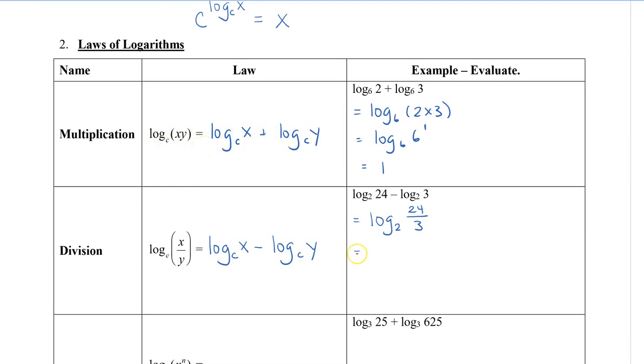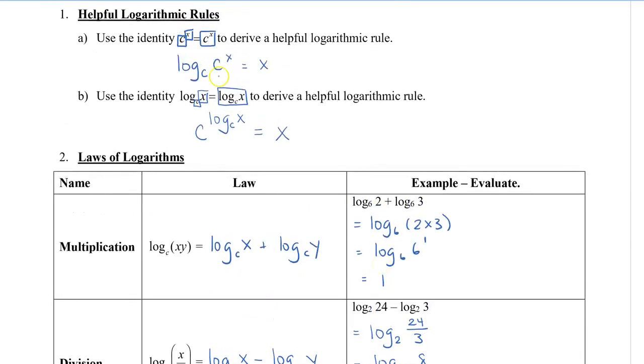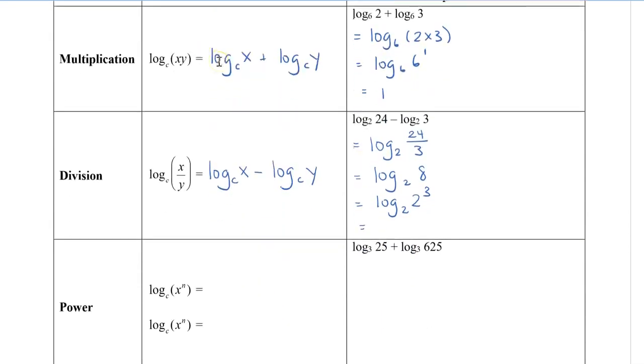So this is going to be log base 2, and then this will be 8. And I can rewrite this 8 as 2 to the power 3. Then using my first helpful rule again, the answer will be the same as my exponent since these two numbers are the same. So since 2 and 2 are the same, this has to be 3.